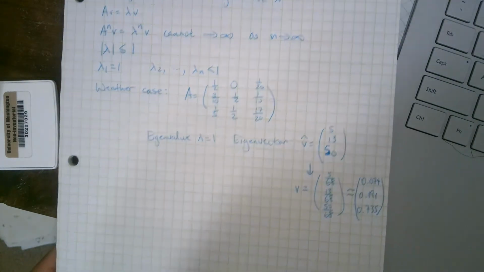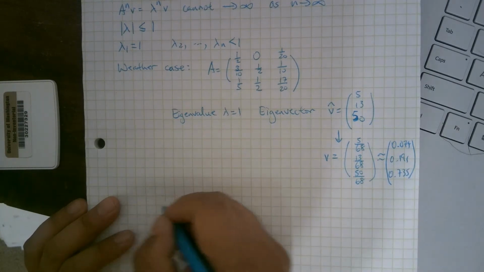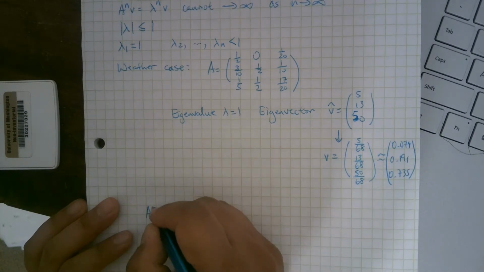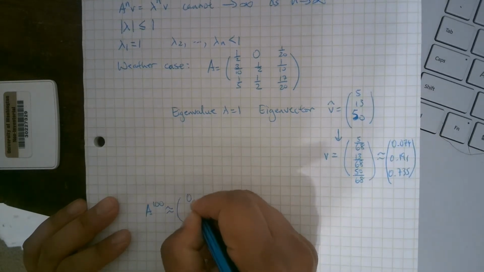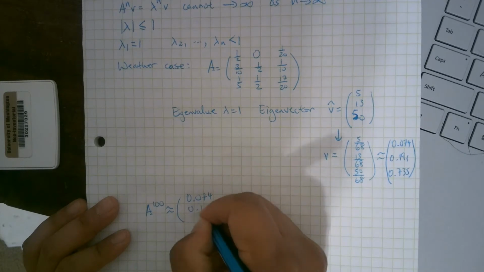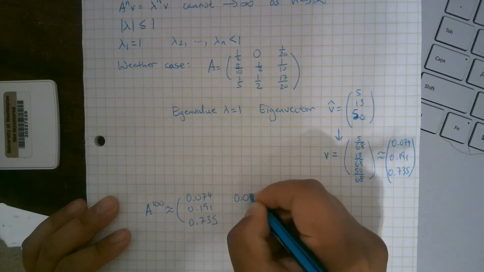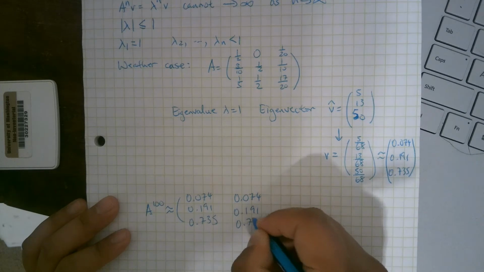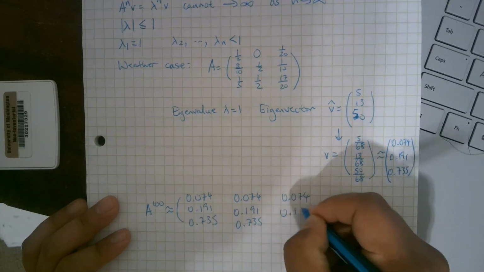And if we looked back at our matrix, we had calculated A to the 30 or A to the 100 or something, and these looked approximately like these numbers. These started looking like this, 0.074, 0.191, 0.735, and it was like this in all three columns. And this generally will happen as long as we have distinct eigenvalues. Okay, so why is this true?